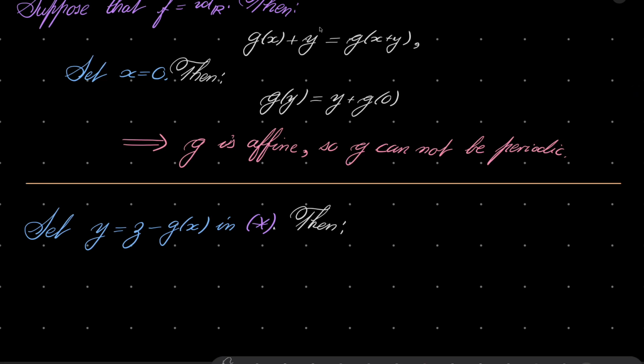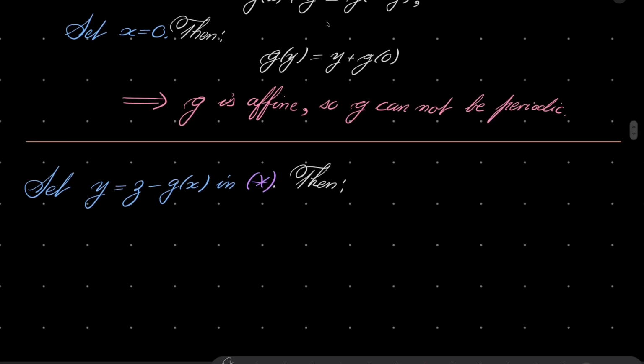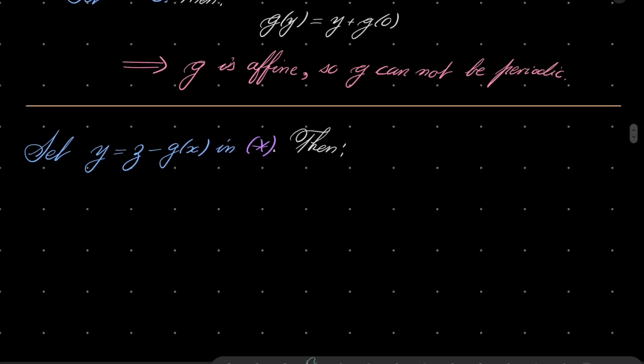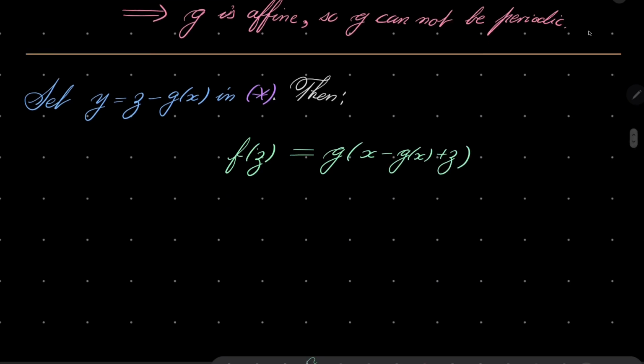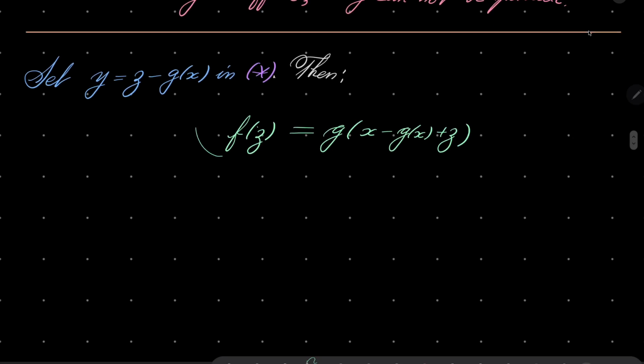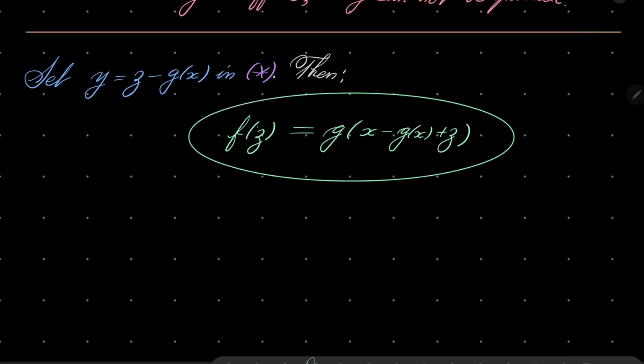On the left hand side, we have f(z), and on the right hand side, we have g(x) minus g(x + z). Sorry, not y but z, for every real numbers x and z. It's very important, and let's mark this condition triangle.